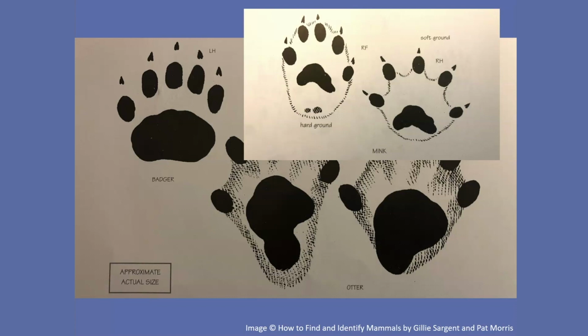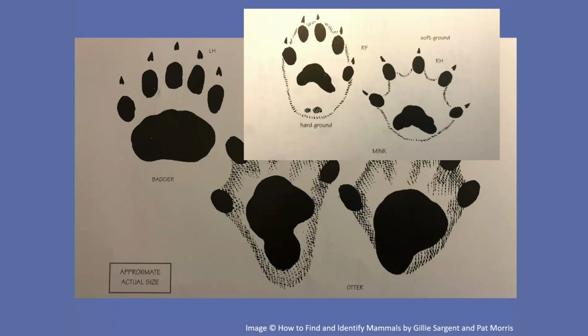But if you have a look at the mink footprints, firstly, the mink are a lot smaller than an otter, so you wouldn't necessarily get confused unless what you have got is a juvenile otter print. The other thing is the size of that base print, and the mink's feet are slightly less adapted in terms of the water, so they are often associated with living near the water, but the otter has got those true adaptations to their feet in order to swim really, really well.